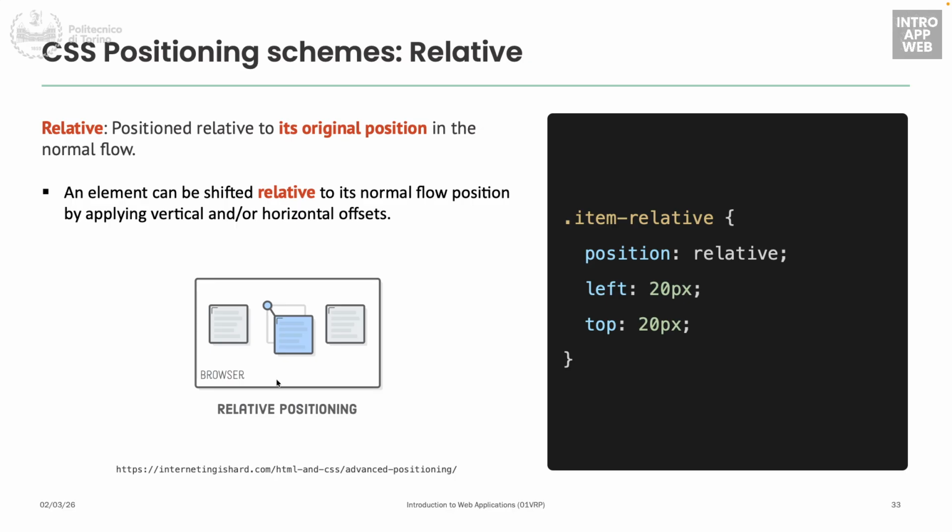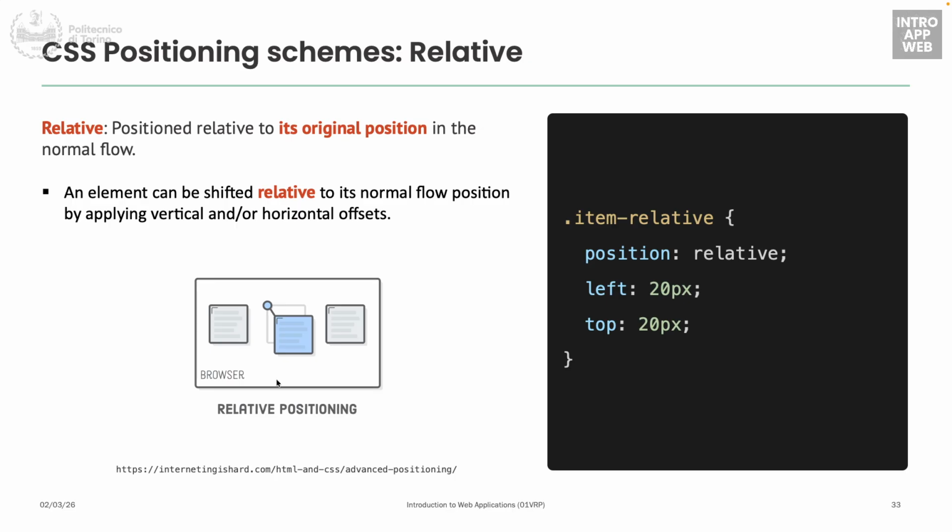So the relative, how does this one behave? This one is relative to its original position. What was supposed to be its original position, and in relation to it, it moves. Let's suppose that it has like a link to the original position, and then you move it somewhere.